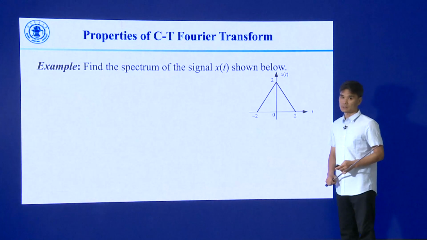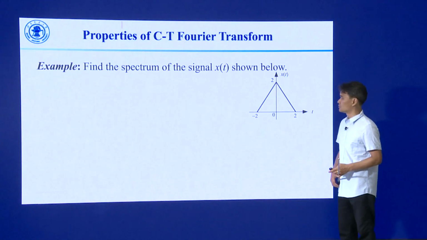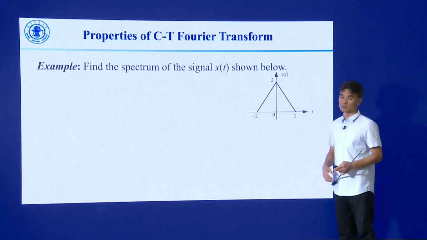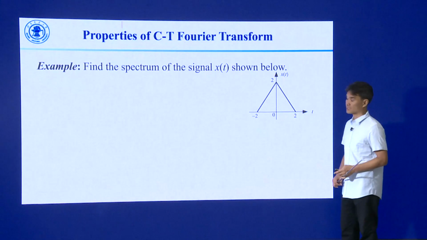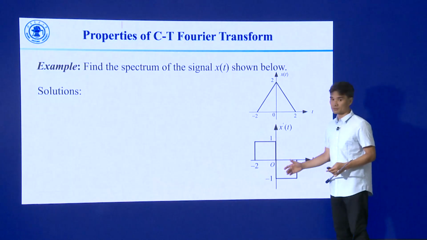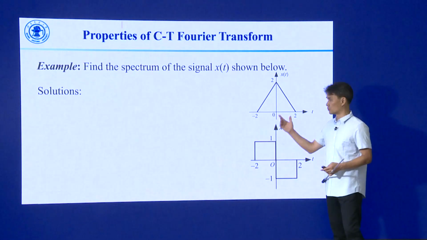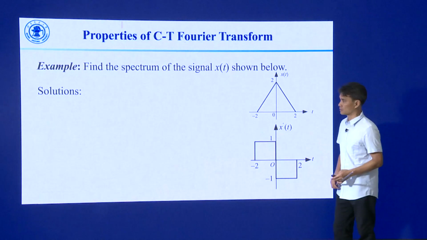This is the second example. We're asking people to figure out the spectrum for a triangle signal using the time differentiation property. Again, we can figure out the first derivative of the original signal, and these are actually a sum of two rectangle signals.